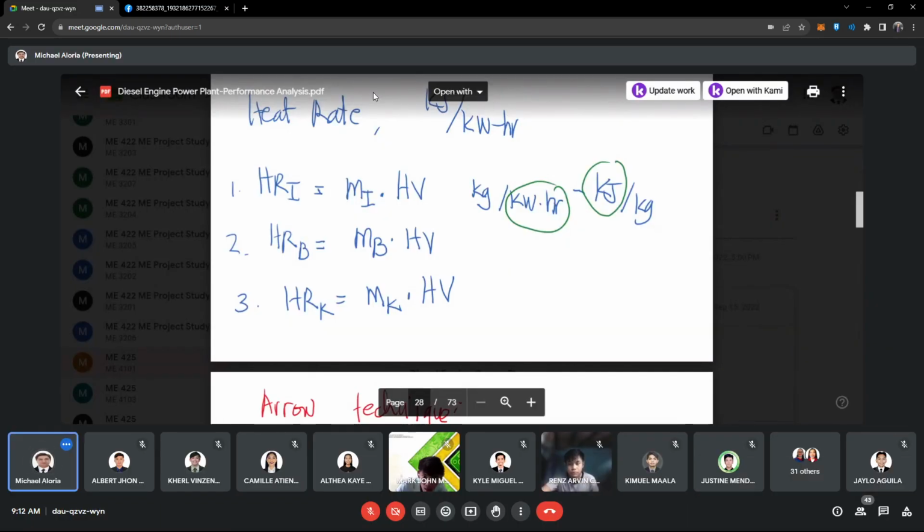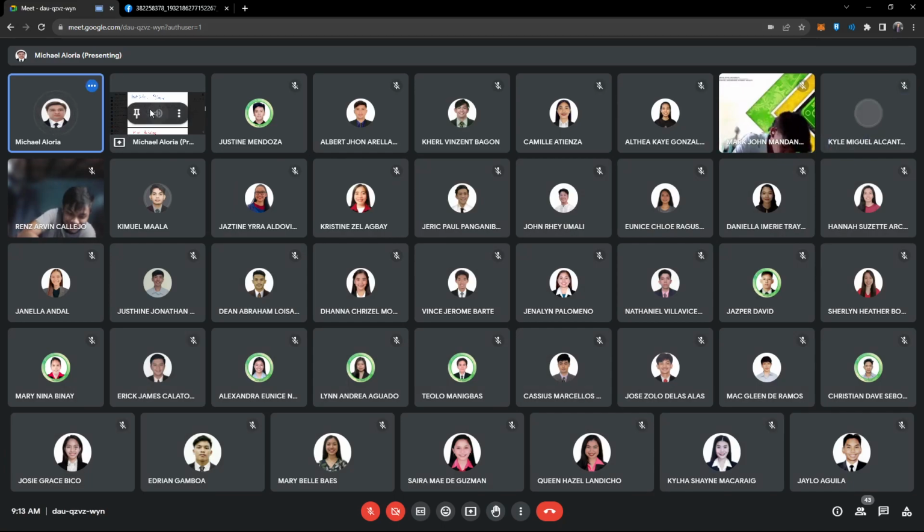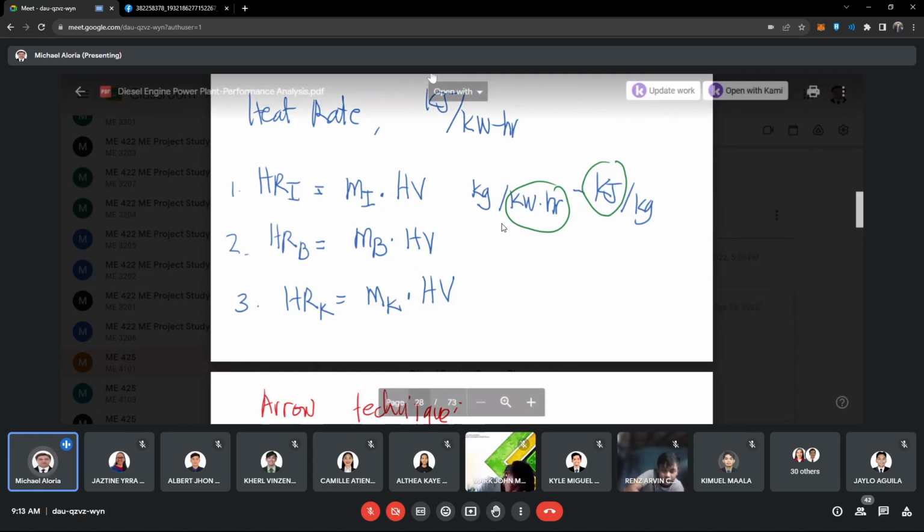Okay? So you have your MI HB, MB HB, times heating value. Ito yung indicated heat rate, brake heat rate. So ginamit natin yung MI, MB, MK. So combined heat rate. So ang unit ng heat rate natin is kilojoules per kilowatt hour.